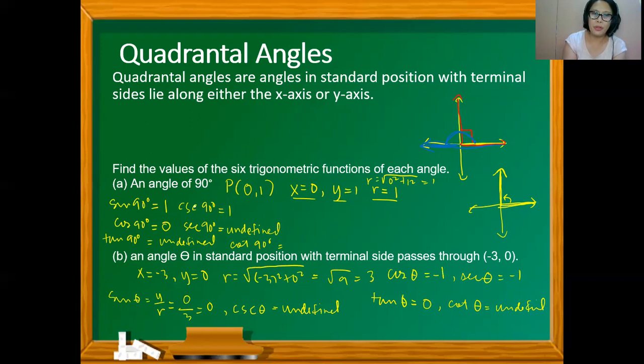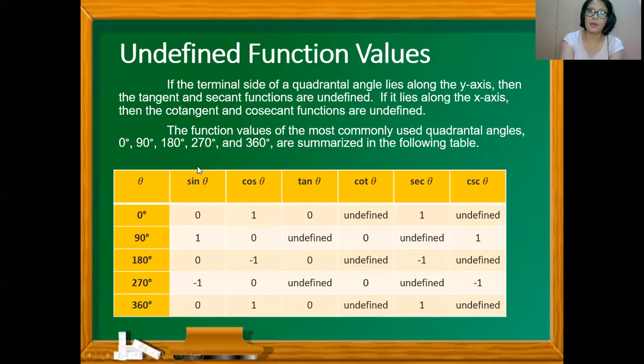Now, what have you noticed with regard to the trigonometric function values of quadrantal angles? We have undefined function values whenever theta is a quadrantal angle. If the terminal side of a quadrantal angle lies along the y-axis, then tangent and secant functions are undefined.